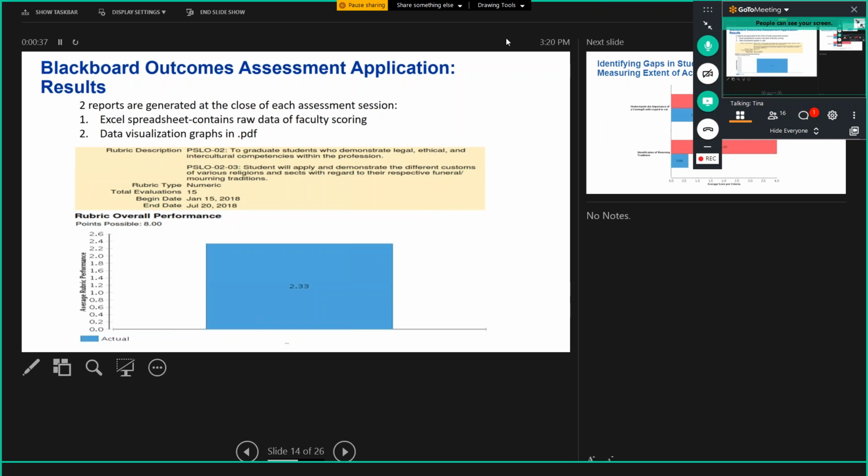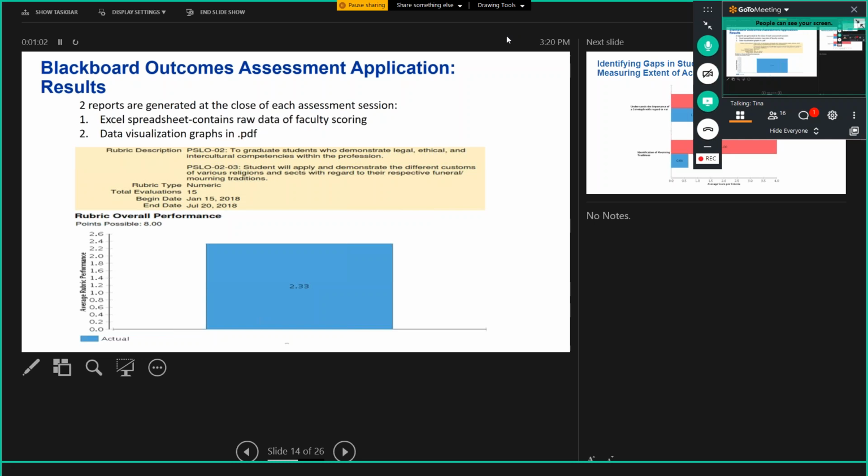We also get these data visualization graphs in PDF format, and this is one of the ones we're looking at. The example we're looking at is a great example to show how we can identify gaps in student learning. This was a department who's allowed me to use this, who is studying their program student learning outcomes regarding these 2 learning outcomes you see on the page here.